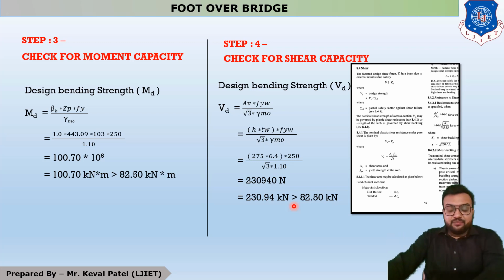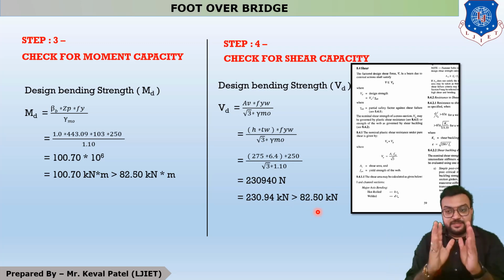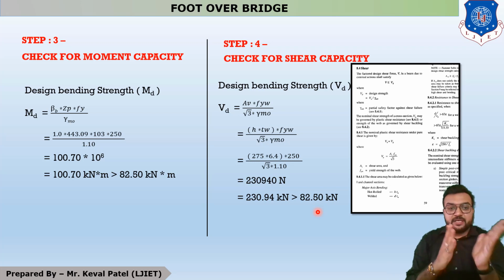It means we have to multiply this 230.94 with 0.6. So 0.6 into 230.94 is 138.54, and 138.54 is also greater than this value. It means our selected section passes in moment as well as in shear.